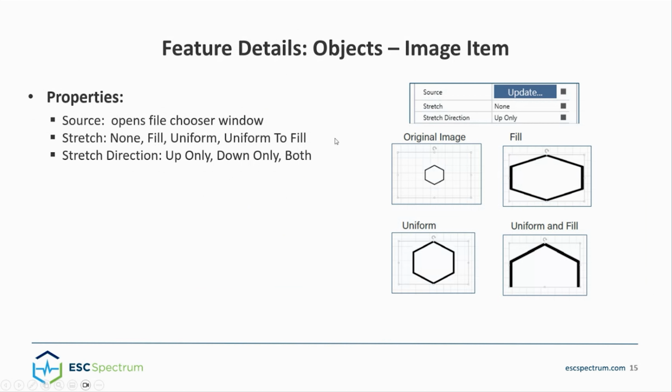Going back up to the Prism section, we have the digital tag status, which is meant to display text based on the status of a digital tag.